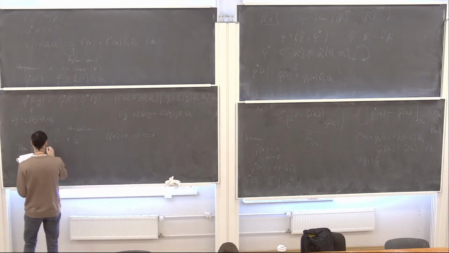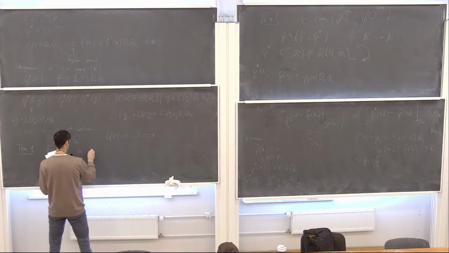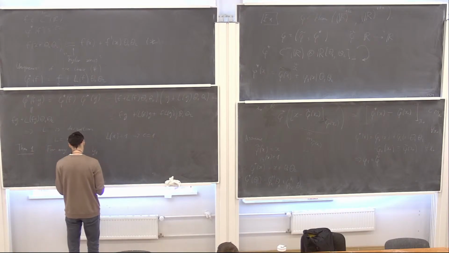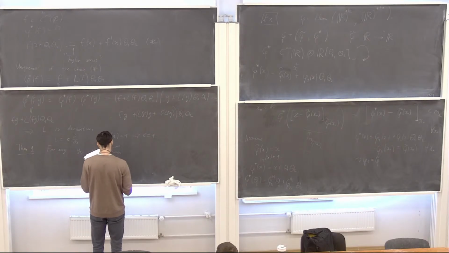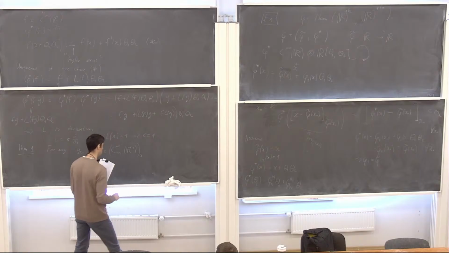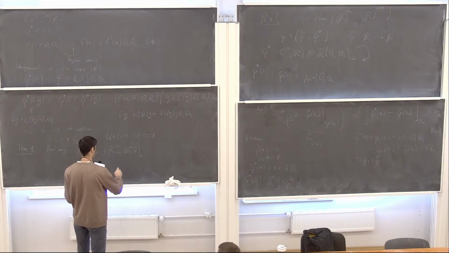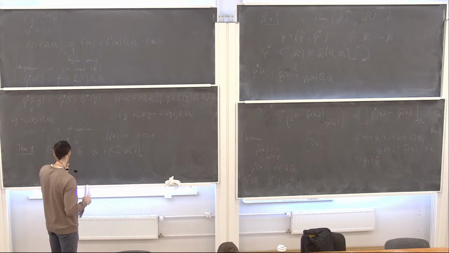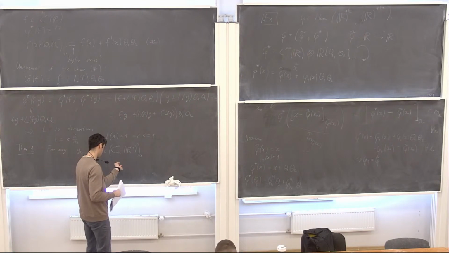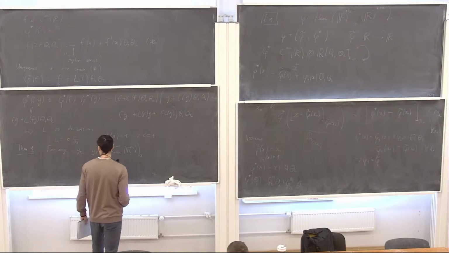For any y_1, ..., y_l in C infinity of R^{m|n}, even elements. And again, I'm putting R^m here, but this theorem doesn't change if I replace it with sections on some open neighborhoods of R^m.